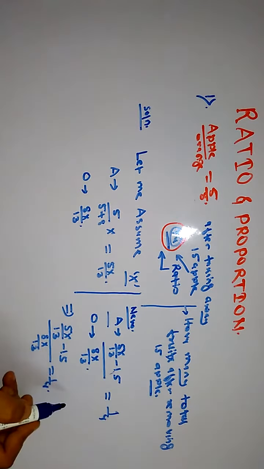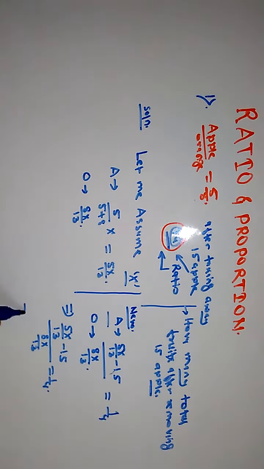Now by solving it, this will be 5x minus 195 upon 8x, equals 1 upon 4.